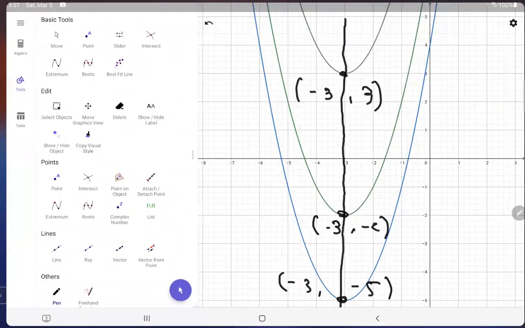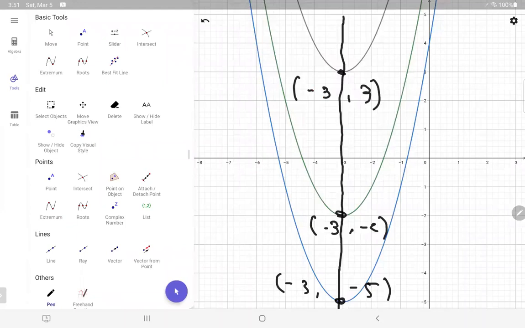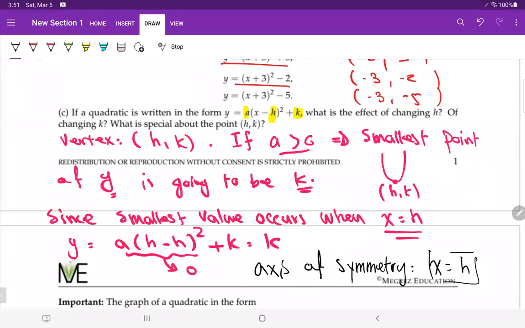The value of K pushes the parabola up and down, so it gives the minimum value or the maximum value of the function. Changing X is moving right and left; H moves the parabola right and left.